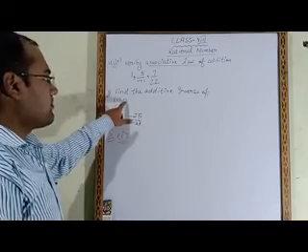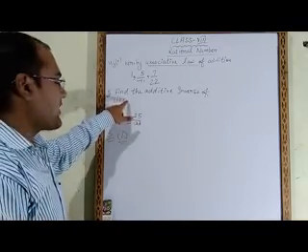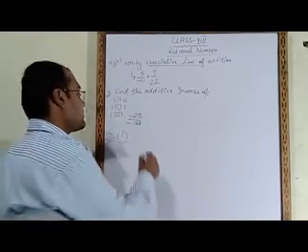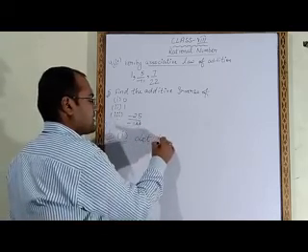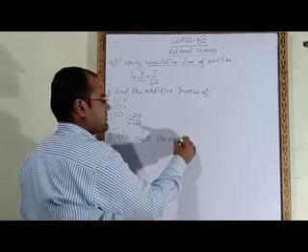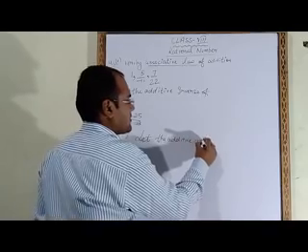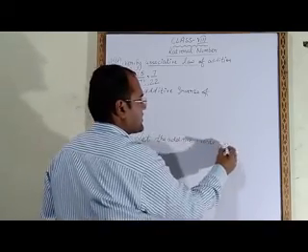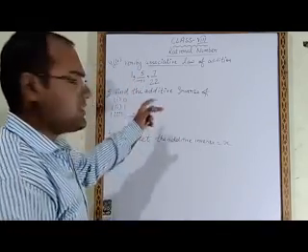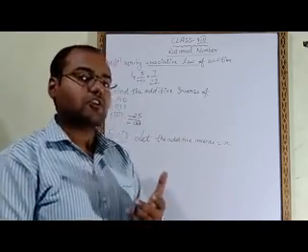First part, one number is given here: 0. We have to find the additive inverse. So what we will do? We will assume, let the additive inverse of 0 be x. Now what is the definition of additive inverse?